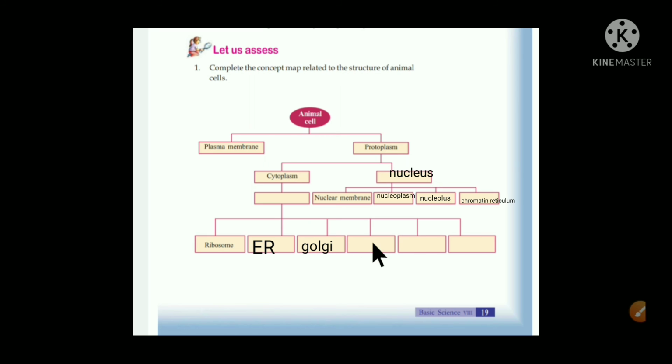Then the powerhouse of the cell, mitochondrion. Two organelles are present only in animal cells: lysosome, the suicidal bags in a cell, and centrosome, which helps in cell division. Clear? So the concept map is now completed.